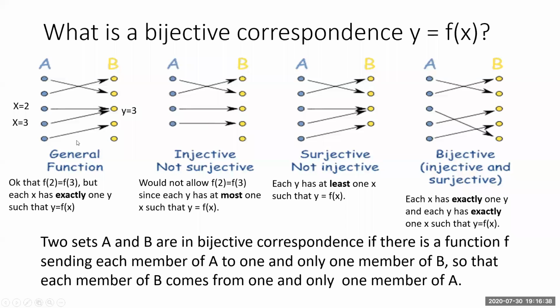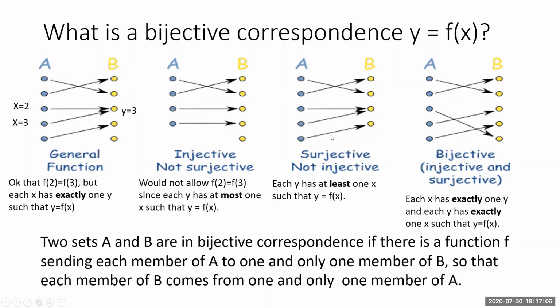Now, either way, whether you're a general function or this special type, this injective function, it's okay if one of the y values gets left out. You might have an extra element of the range B here that's not f of anybody. So you've got an extra y value with no corresponding x, and that's okay for a general function or an injective function.